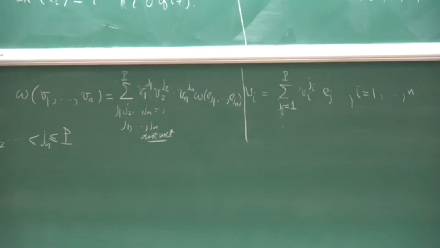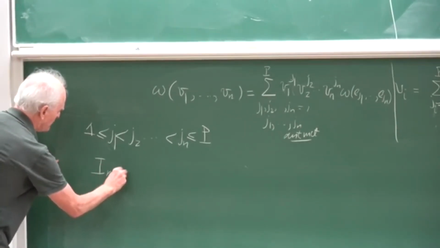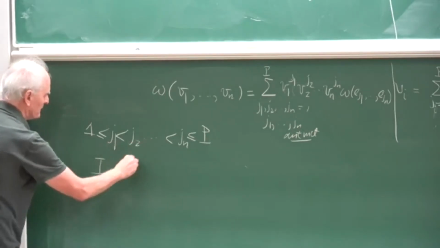Then we'll get the full sum if we first look at one of these, and then look at all the permutations of the indices here. There will be n factorial terms for each such choice, and then finally sum over all of these. That would get all the terms exactly once. So let's introduce the correct notation then. Let I(n,p) be the set of these indices.